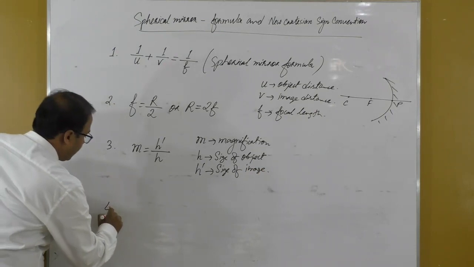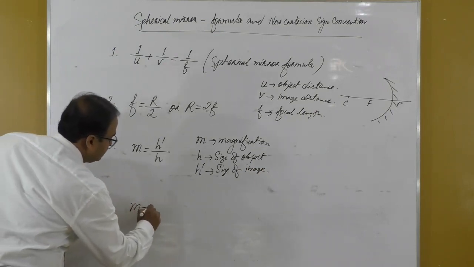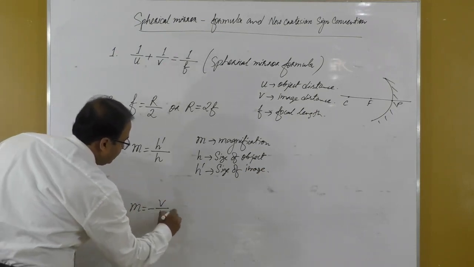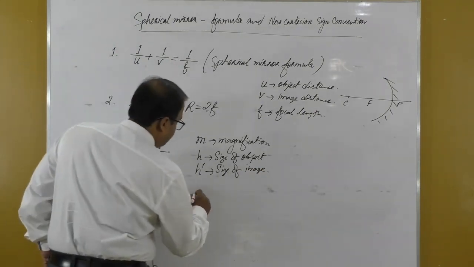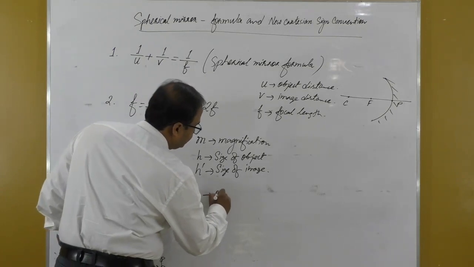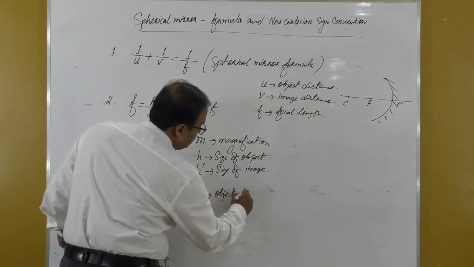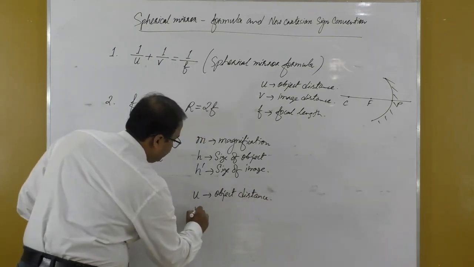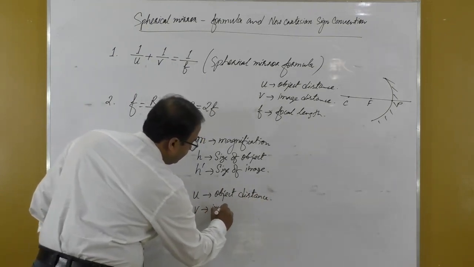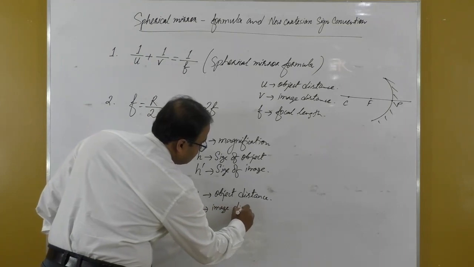Another formula for magnification, m equals minus v by u, where u represents object distance and v represents image distance.